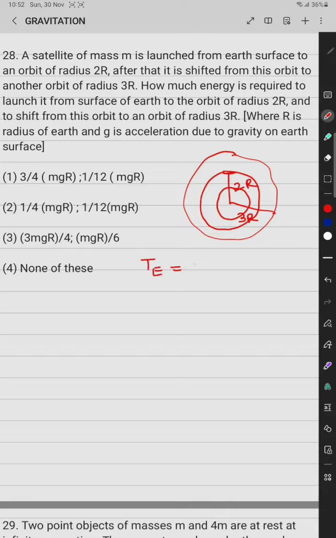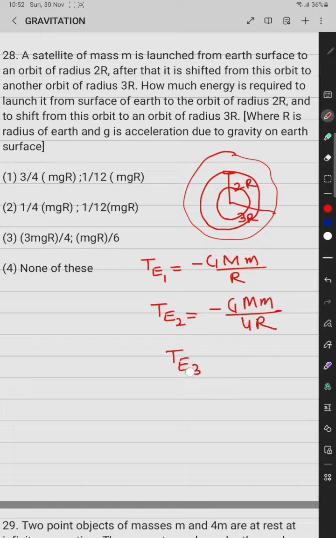The total energy on the ground is only in the form of potential energy. It is minus gmm by r. That is the first one. And second, in the orbit of 2r, the total energy is minus gmm by 2 into 2r, that is 4r. And third, that is minus gmm upon 2 into the orbital radius, the orbital radius is 3r, so it is 6r.